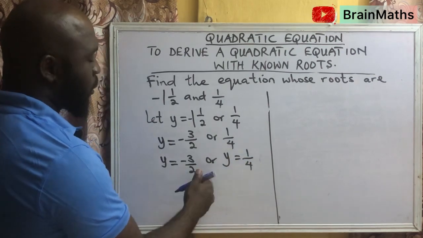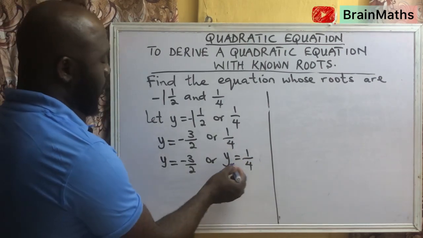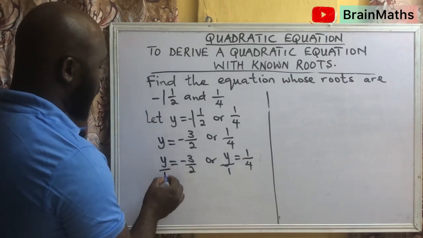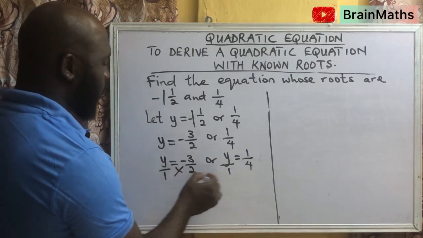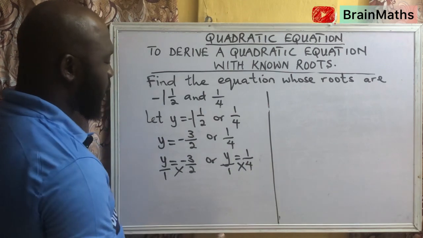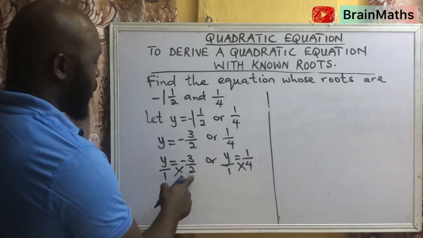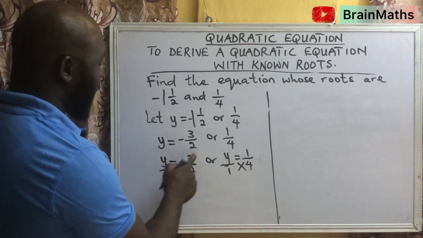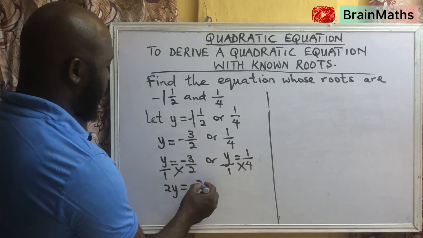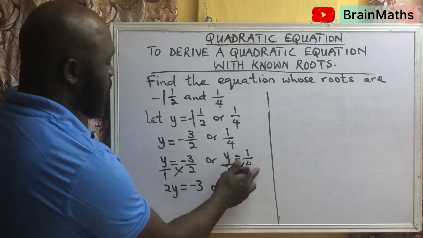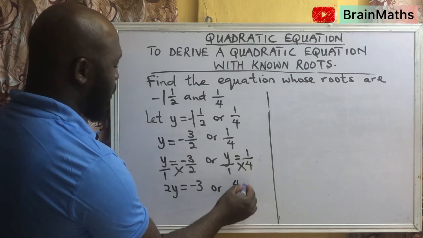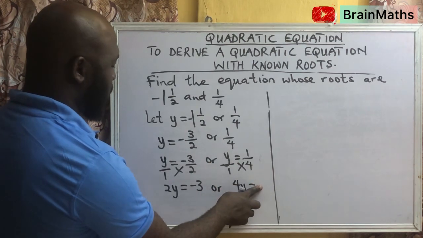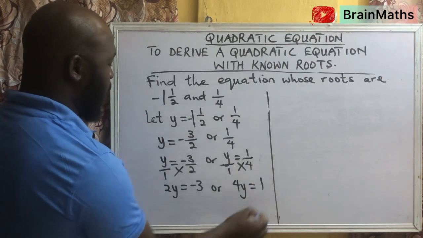So in order for us to solve this properly, we have to turn the two sides to fractions so as to be able for us to cross multiply. So we have 2 times y, which is 2y, 1 times minus 3, this is going to be minus 3, or 4 times y, 4y equals 1 times 1, 1.